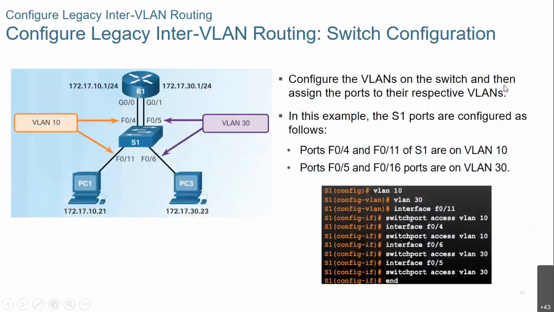First, of course, we have to create the VLANs and assign the members to the VLAN. So we have created VLAN 10, assigned these 2 interfaces to VLAN 10, created VLAN 30, and assigned these 2 interfaces to VLAN 30. So in switch 1, create VLAN 10, VLAN 30, and then we assign those interfaces.